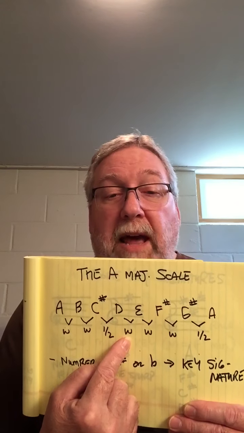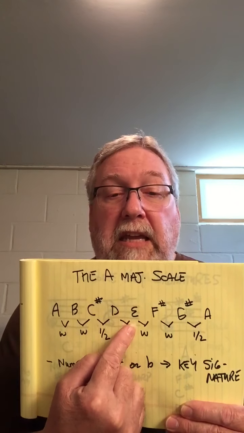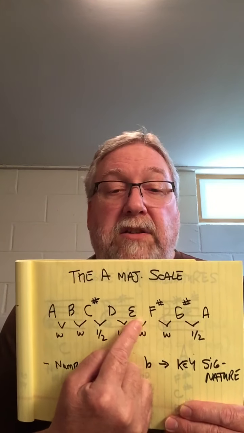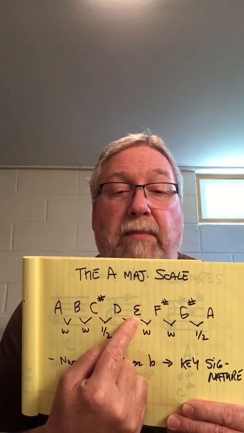We've got a whole step between D and E, another whole step between E, but if we go to F natural, remember there's no black key there, and we'd only be going 1 fret, so we have to go an extra fret or an extra key, so that takes us to make a whole step from E to F sharp.